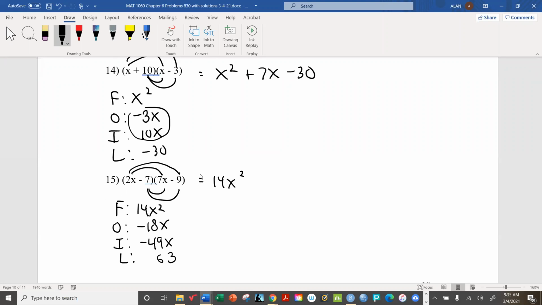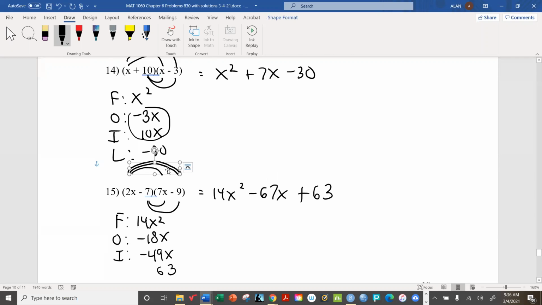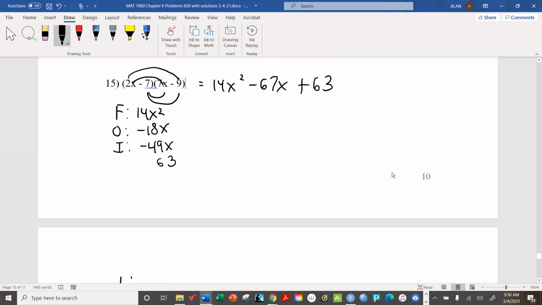So 14x squared minus 67x plus 63. Beautiful. All right, let's go on to the next one.